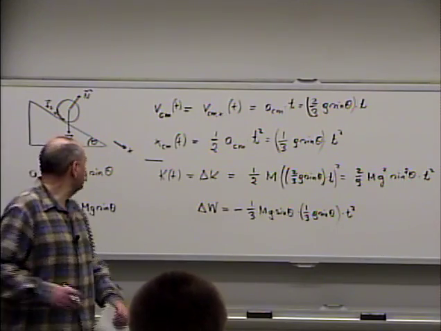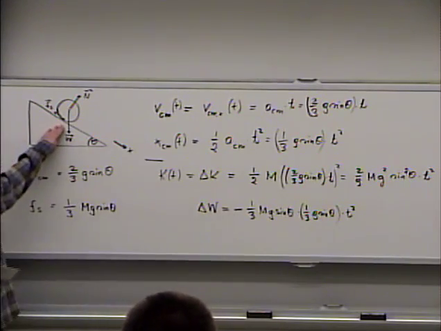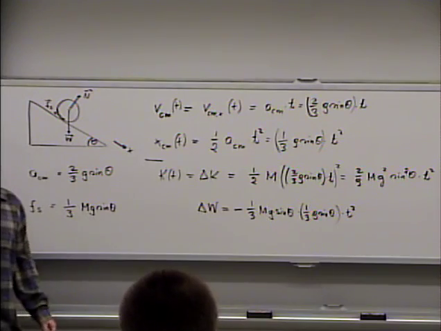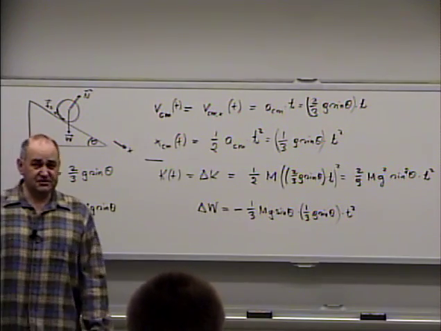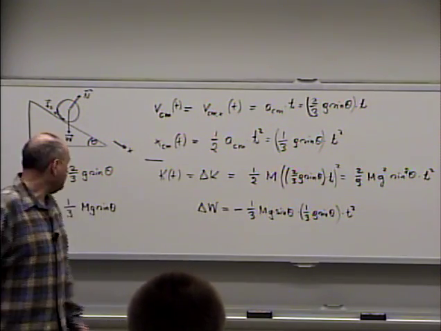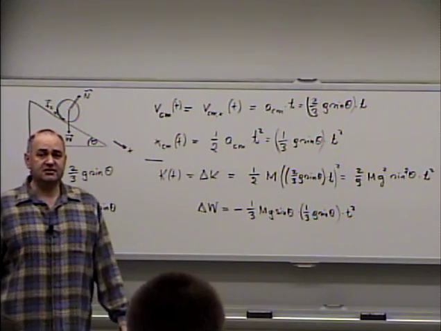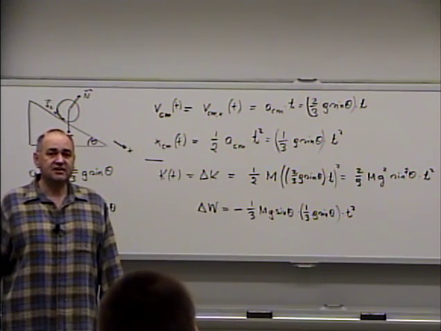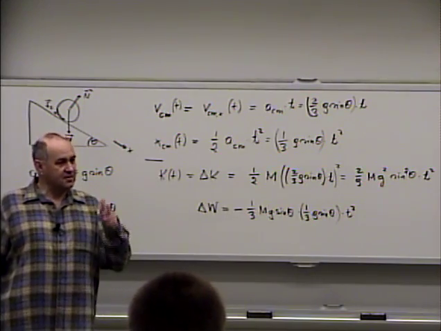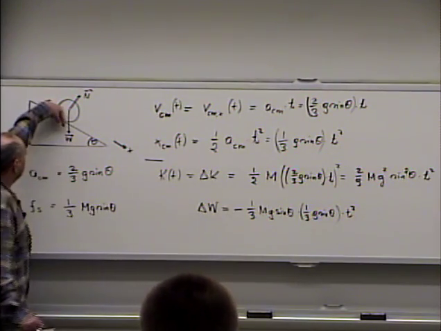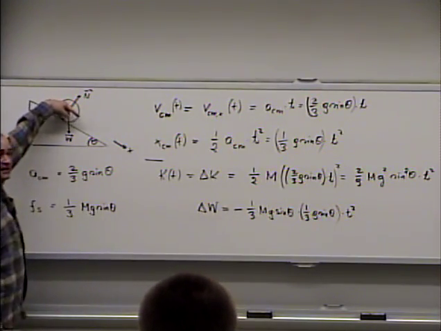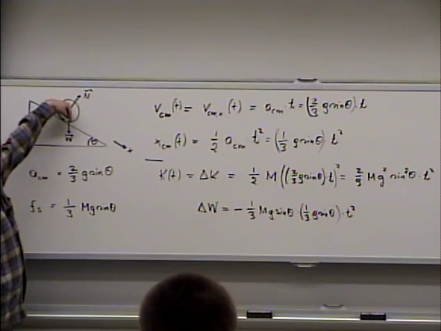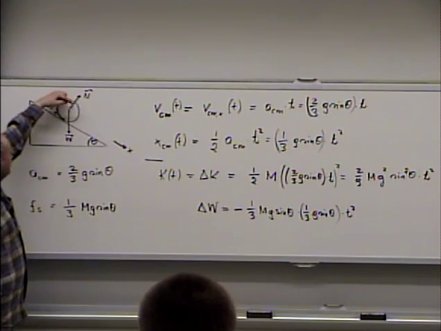How about now gravity? Does gravity perform work? Yes, gravity also performs work. Who believes that it's positive work? Who believes that it's negative work? It's positive because the angle between the displacement and the force is less than 90 degrees.